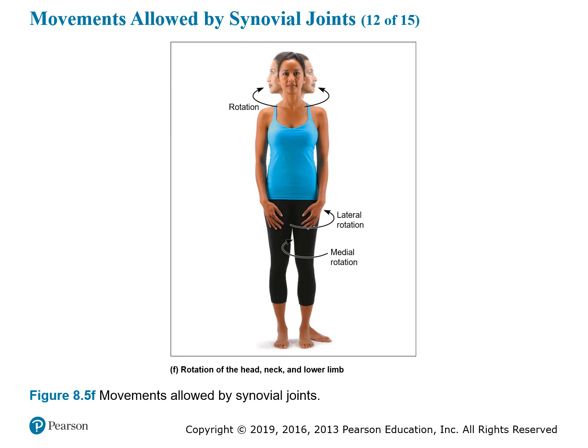So let's take a look at those. Here's rotation of the cervical spine. Shaking your head, no. Lateral rotation of the leg would be turning your foot out. Medial rotation would be turning your foot in, and the movement occurs at the hip joint.